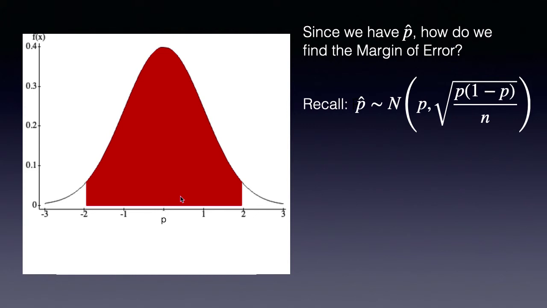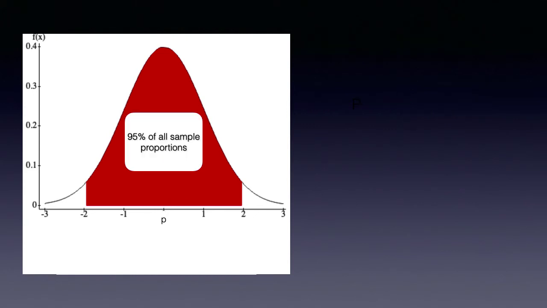So this red area is if I could go out and collect all p hats, then this interval, and for argument's sake I'm just going to use a 95% confidence level. I could have picked any one that I wanted, but I chose 95%.